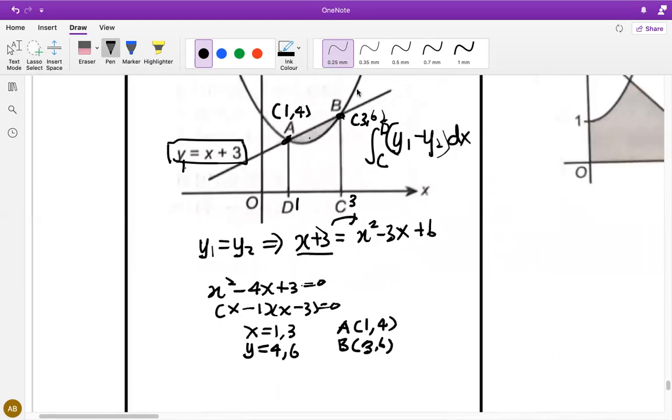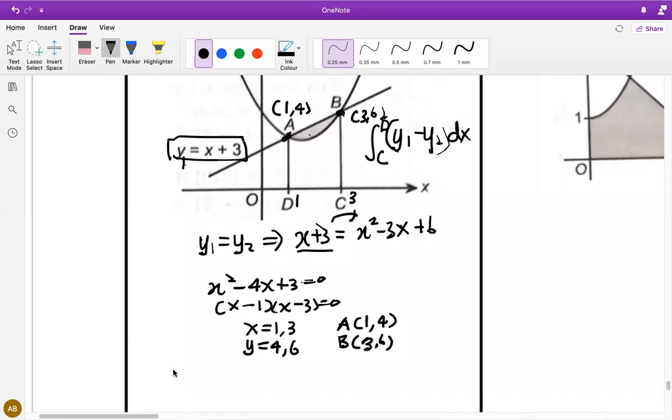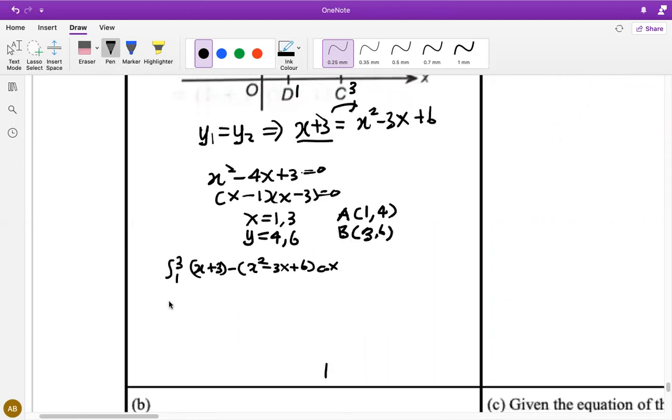Now we can find the area of the shaded region. It is the integral from 1 to 3 of y1 minus y2, therefore (x + 3) minus (x squared minus 3x plus 6) dx.